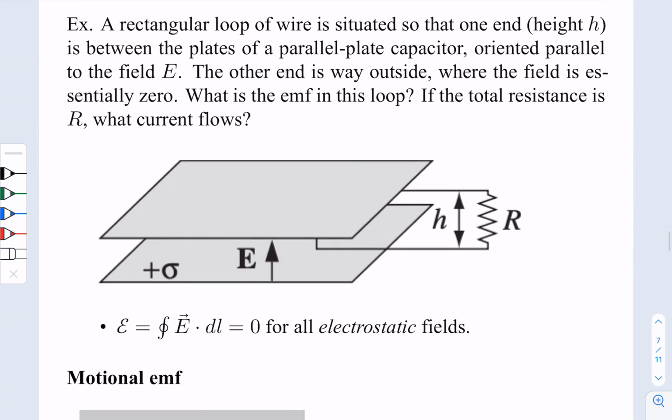Okay, so let's try to get a few more examples. Now consider the case that there is a parallel plate capacitor, and we apply a loop. Some portion of the loop is within this parallel plate capacitor. Imagine that along the wire here, it's not completed.